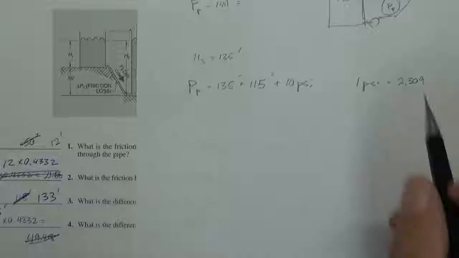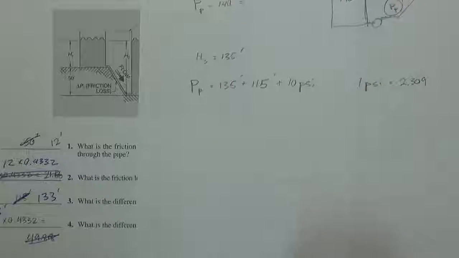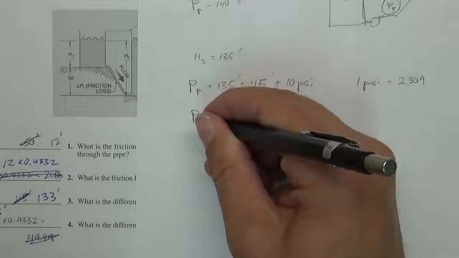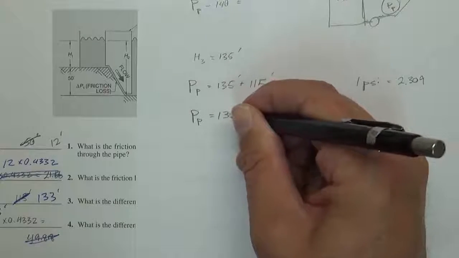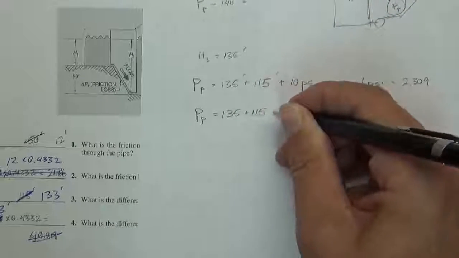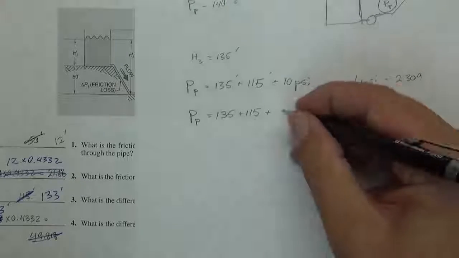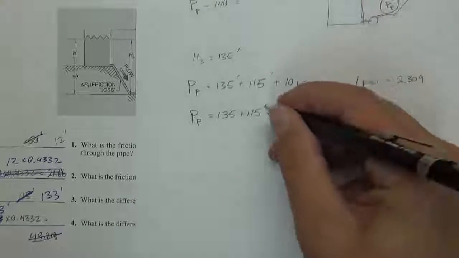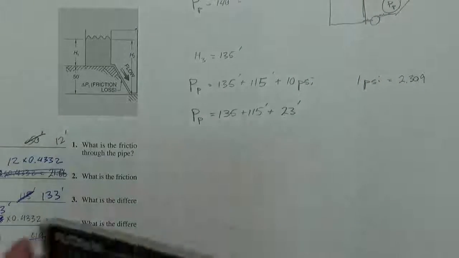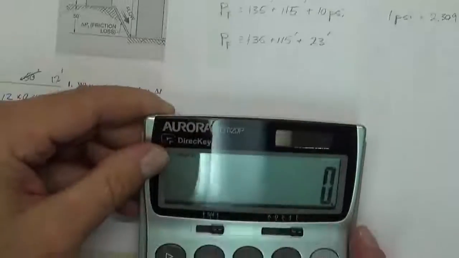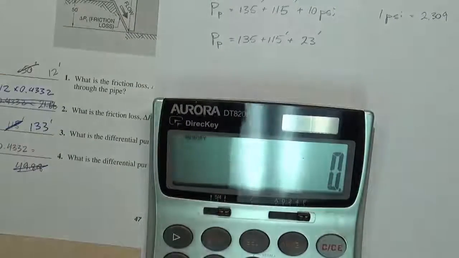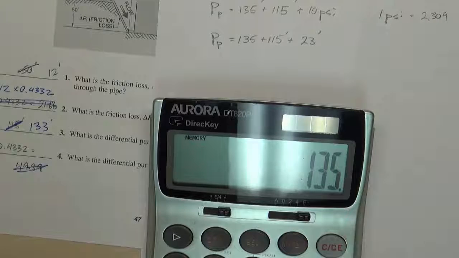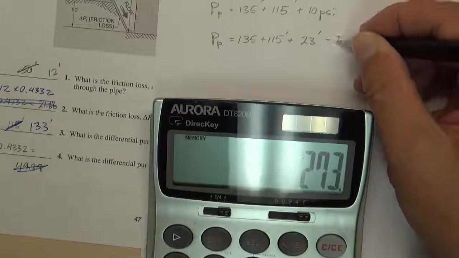So the pressure on the high side of this pump is going to be equal to 135 plus 115 plus 10 times, so that's going to be 20. I'm just going to call it 23. So I've got 135 plus 115 plus 23, and I get 273.